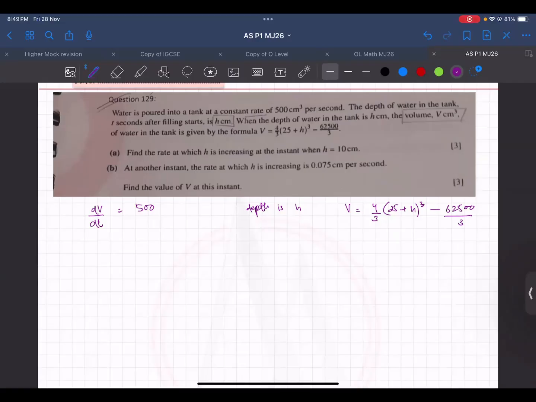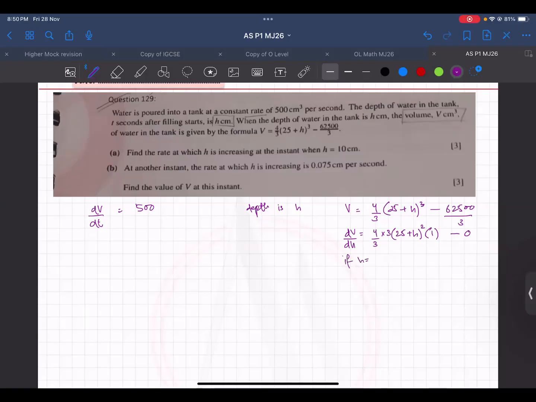So first, this is a question of rates of change. Whenever you have time and two other variables, volume and height, definitely it's rates of change. So first derivative: 4 upon 3 multiplied by 3, (25 plus h) power square, and the derivative of the inside will be 1 minus 0.